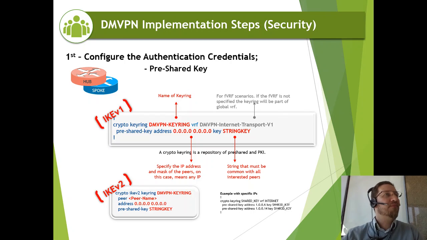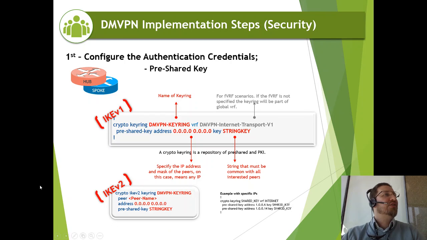So you specify the IP address and mask of the peers, which in this case means any IP. You can see at the bottom here an example with specific IPs on the spoke routers. So if you have an internet connection with a stable, fixed IP address, you can be direct and specify exactly which IPs can be a client on this DMVPN cloud solution.